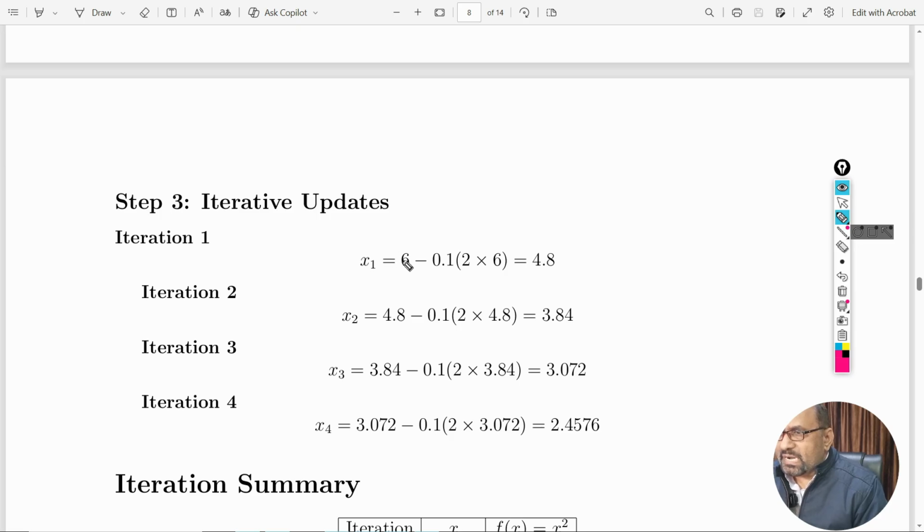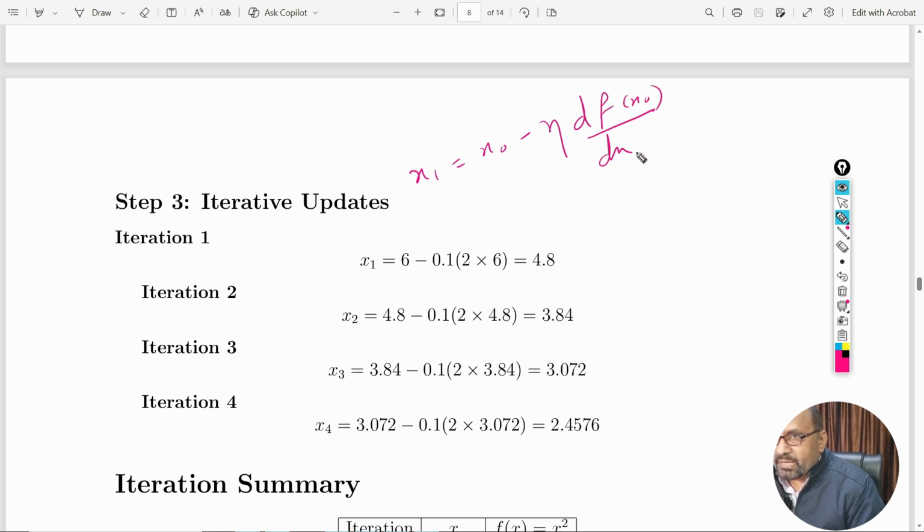In the first iteration, from the above equation, we put in all these values: x1 will be equal to x0 minus eta times df(x0) upon dx. We put in the value of eta, the value of x0, and the derivative, which is equal to 2x0. With x0 equal to 6, the equation reduces to this form and gives the value of x1.